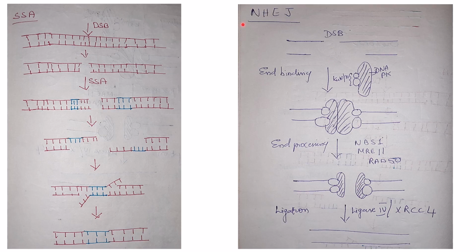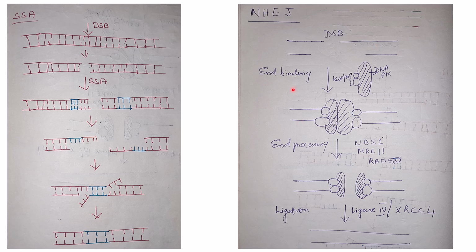Then comes the non-homologous end joining mechanism. So here also it involves the direct ligation of the broken ends. Here also no homologous template is involved, no homologous sister chromatid is being involved. So it is a direct ligation of the double-stranded breaks.